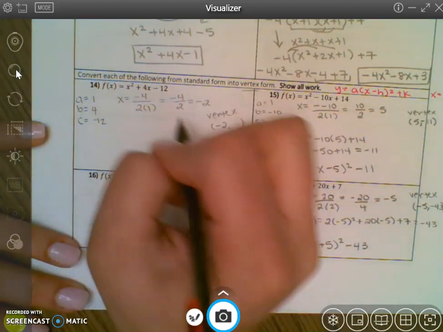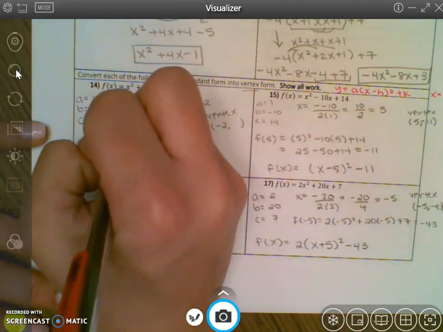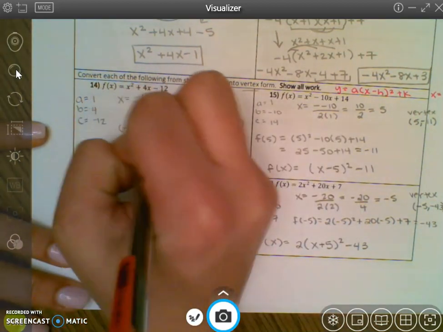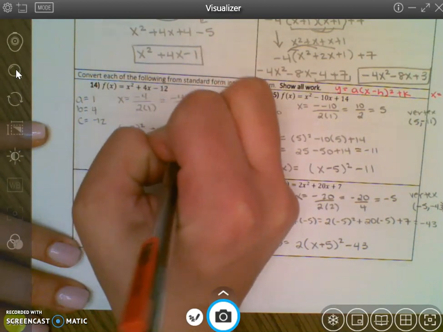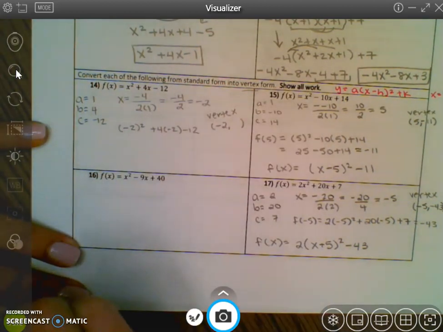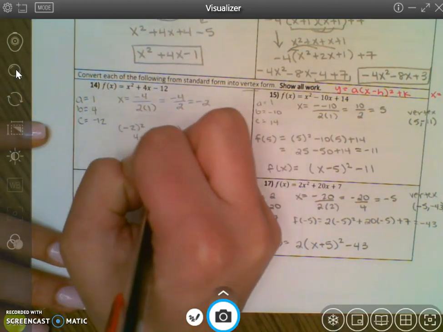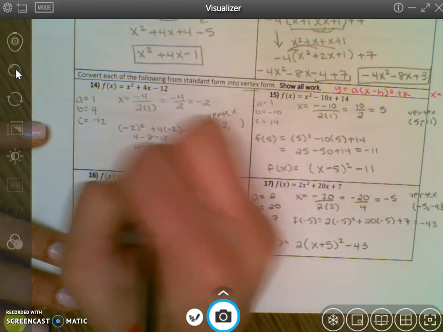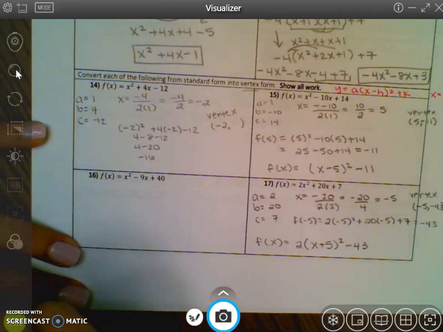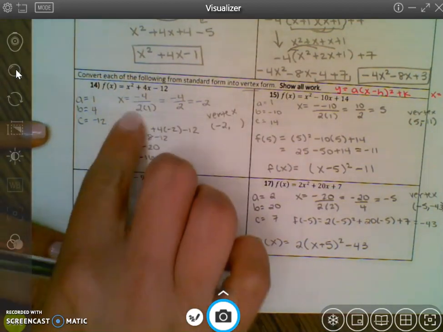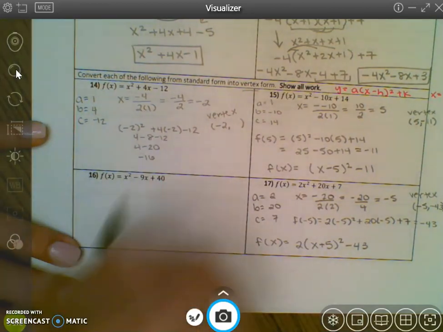Okay, that something is when I plug it back in. So negative 2 squared plus 4 times negative 2 minus 12. 4 minus 8 minus 12. That's 4 minus 20, which is negative 16. If you can't do this in your head, use your calculator. It's okay.